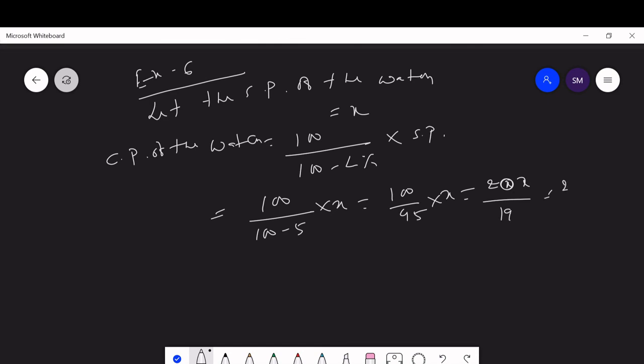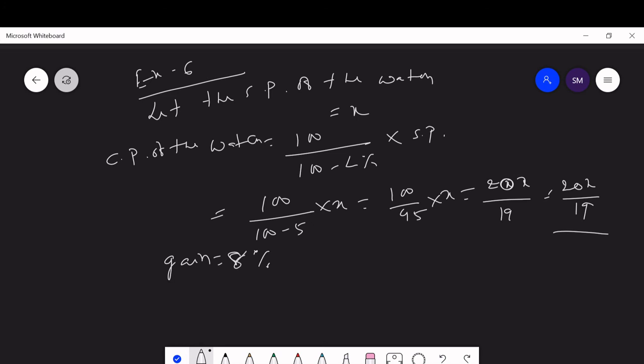Then according to the question, if he sold it for 104 rupees more, he would have a gain of 8%. Now CP is this and gain percent is given as 8%.